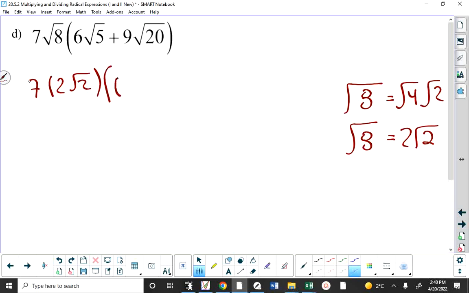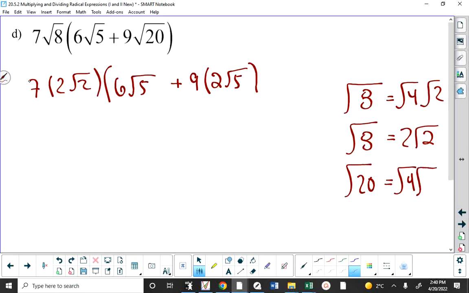I have times 6 root 5. Root 5 is non-simplifiable. Plus 9 root 20. Root 20 is root 4 root 5, which is 2 root 5. So I get 14 root 2.